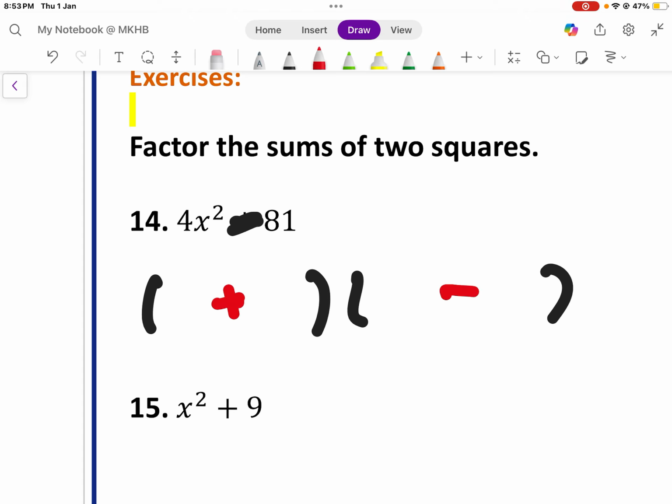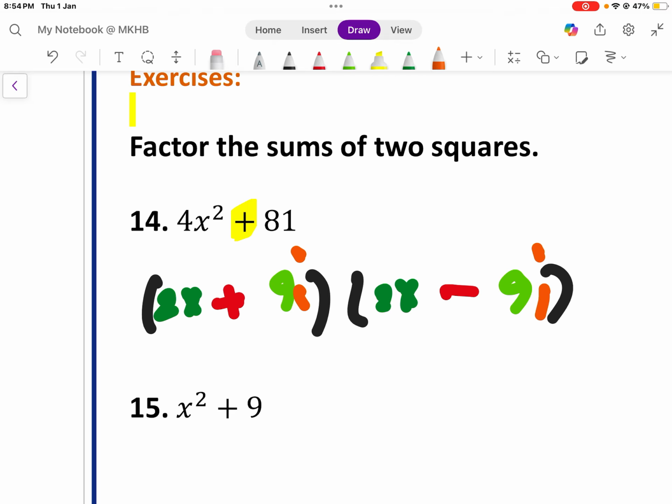Plus, minus. And the square root of this is x, and x here. The square root of 81 is 9, and 9, and we are done. But here I don't have a minus, I have a plus. Because of that, you just add what? i.